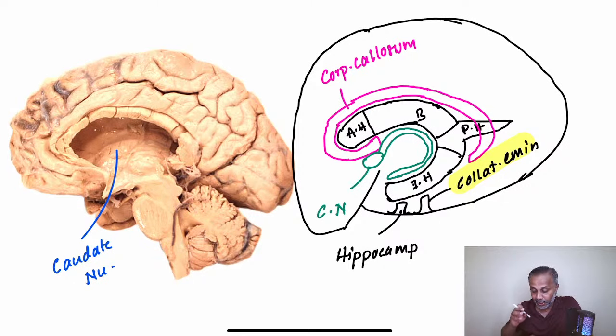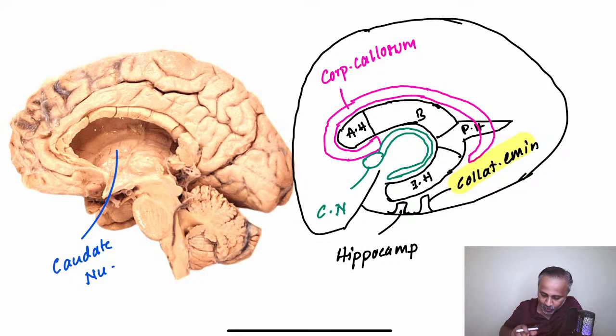So this is not only testing the relations of the lateral ventricle, but it is also testing your knowledge of the classification of the sulci, the location of the hippocampus, the location of the caudate nucleus and its relation to the inferior horn. This is why the lateral ventricle anatomy and its relations are very important.